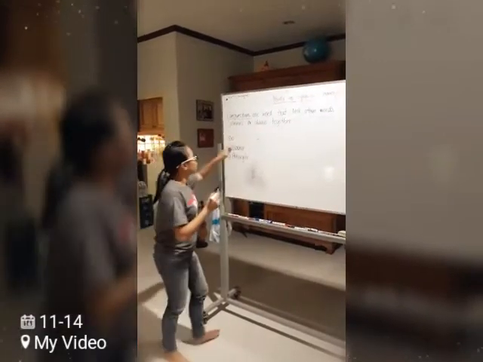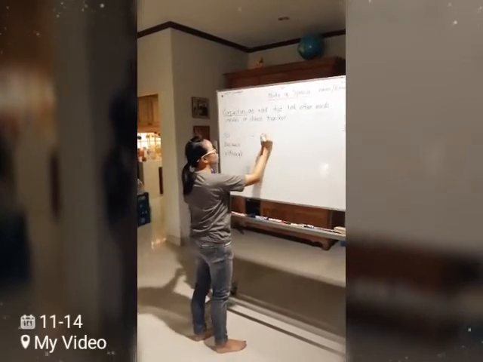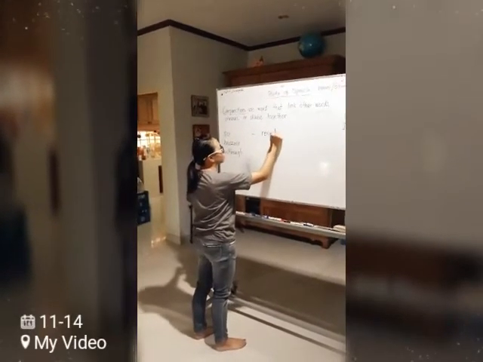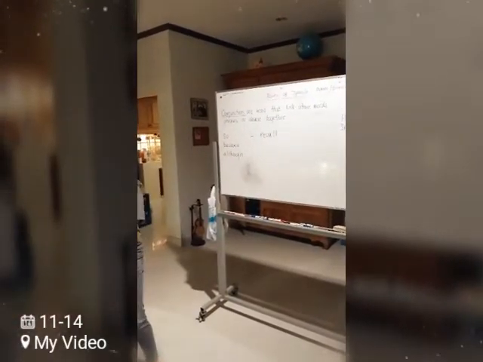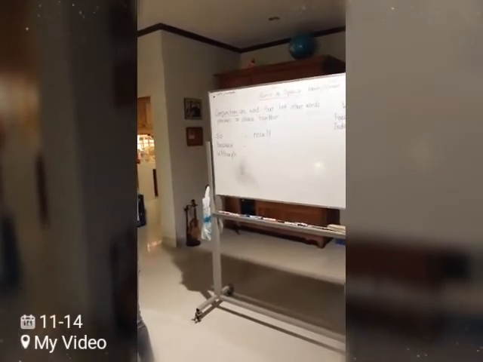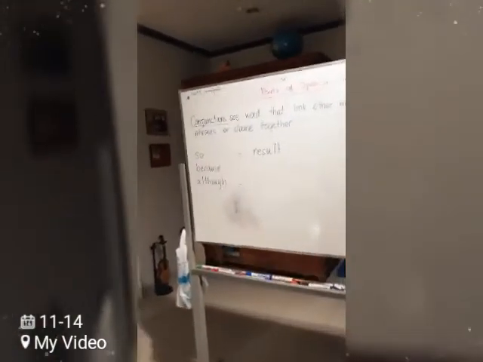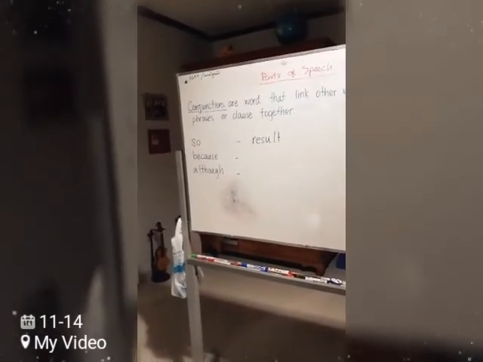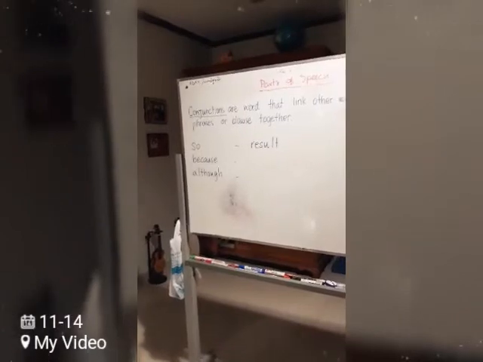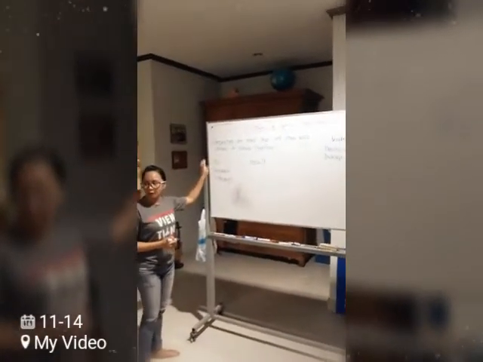We are going to use the conjunction so when we talk about the result. What do you mean by result? Result means the effect of the thing that happened, the effect of the thing that you did.